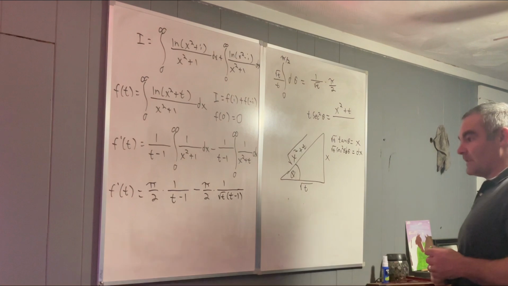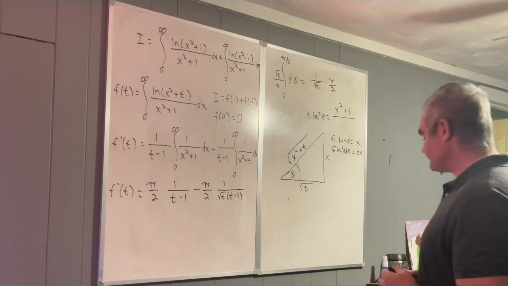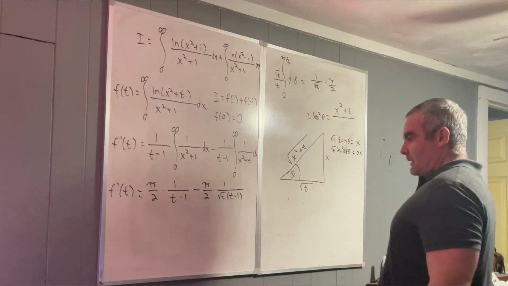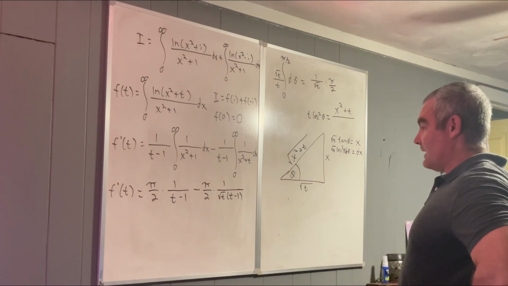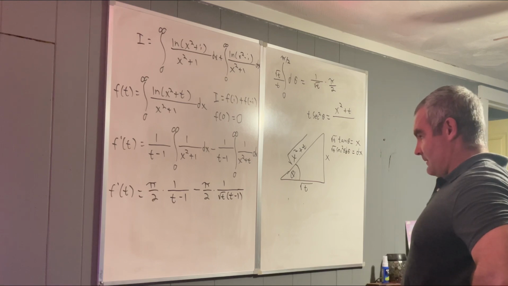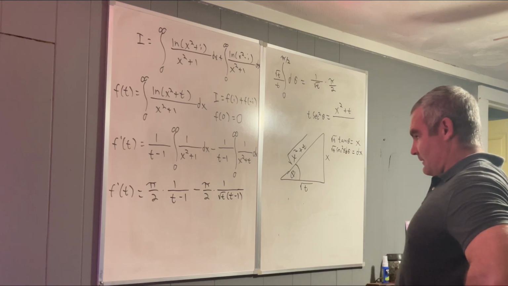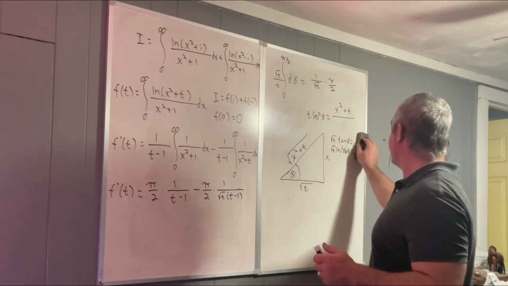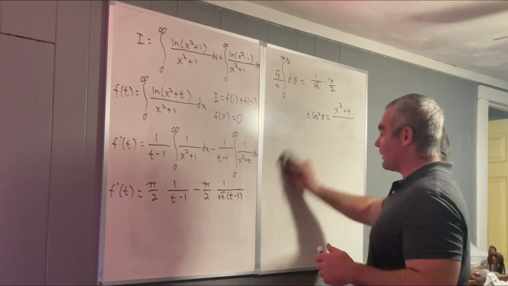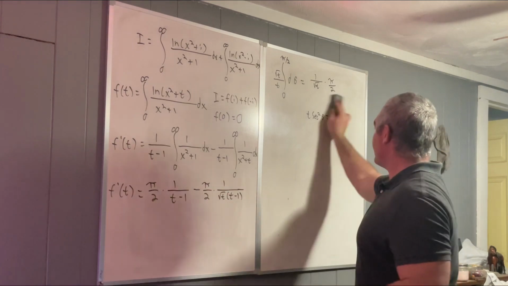Okay, that's correct. All right. I'm going to leave it like that for now and perform the new work over here. But anyway, that's valid for f prime of t.